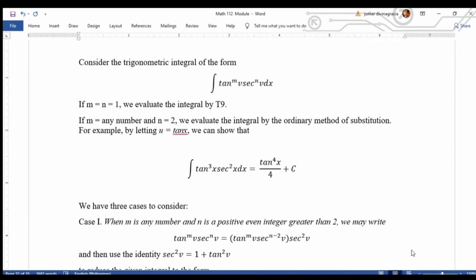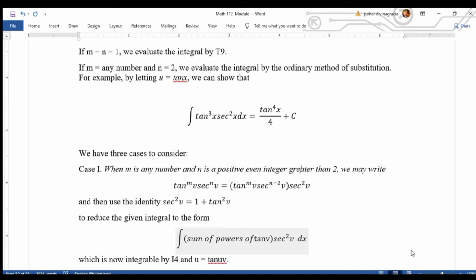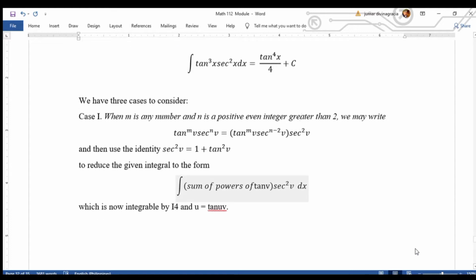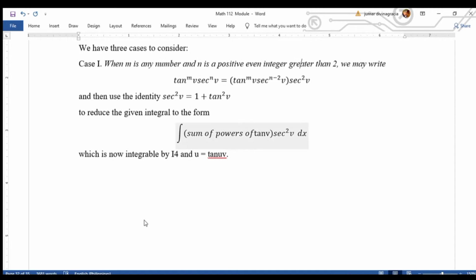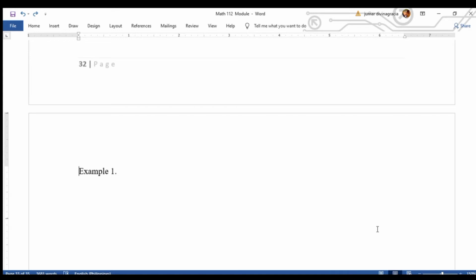And then we have to use the identity for the secant square of v is equal to 1 plus tangent square of v, so that we can reduce the given integral to the form of sum of powers of tangent v times secant square of v dx, which we can now integrate by using I4, and the value of u is equal to tangent v.